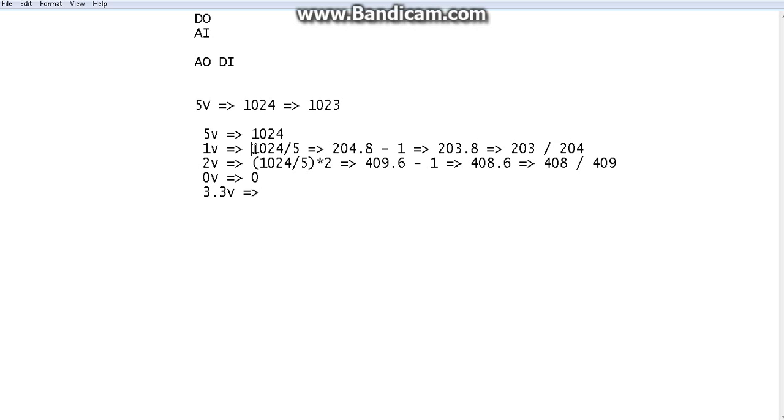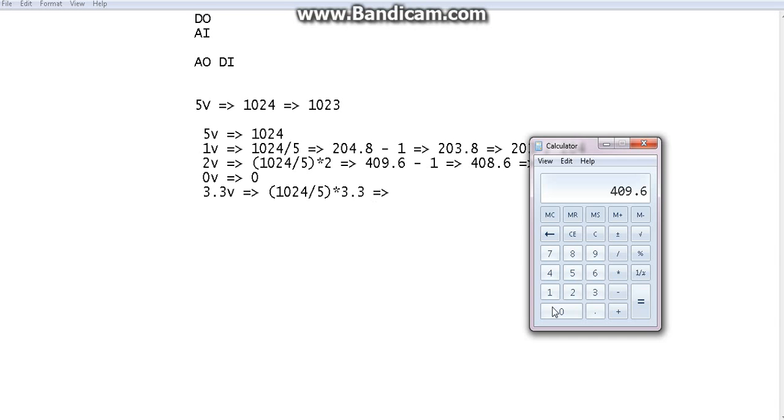So for 1 volt, 1024 by 5, right? So I will write 1024 by 5, and then multiply it by 3.3. So if you are giving 3.3 volts input from a sensor, this amount of units will be covered. 1024 is divided by 5, then this value is multiplied by 3.3.